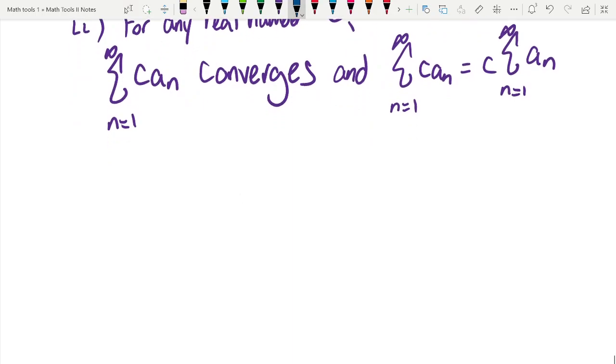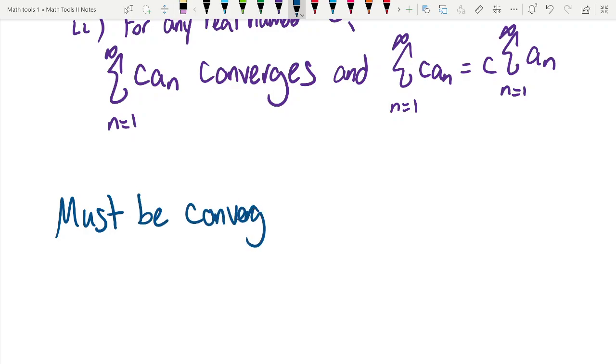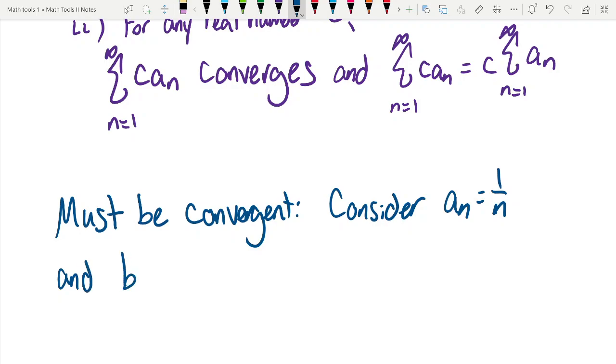So why do these need to be convergent series? Let's give an example for why these must be convergent. Consider a sub n equals 1 over n and b sub n also equals 1 over n.